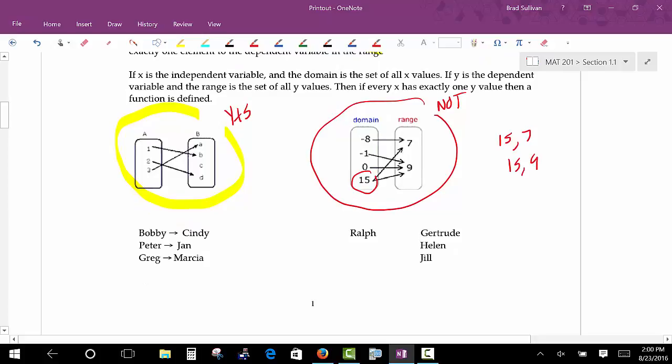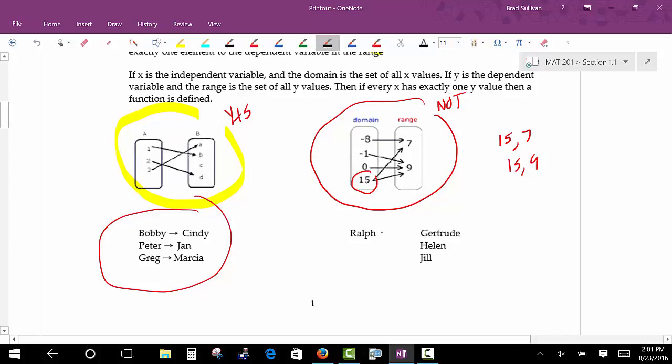Okay? In higher mathematics, we get away from numbers, and functions don't have to be numbers. They can be people, shapes, whatever. How about this one? Is that a function? Yeah. Okay. Do you guys recognize those names? The Brady Bunch. That's the perfect function. Okay, let's use that example. Okay, now check this out.